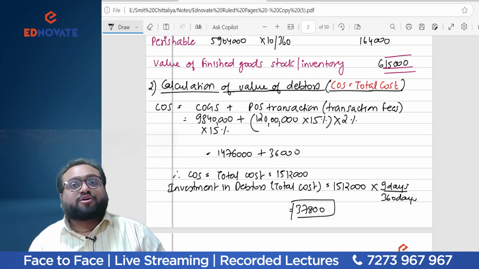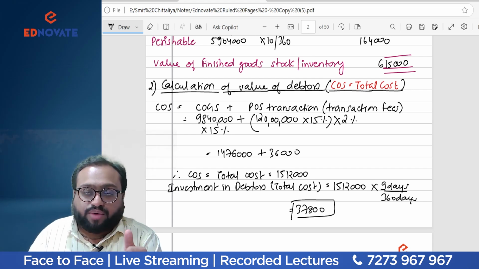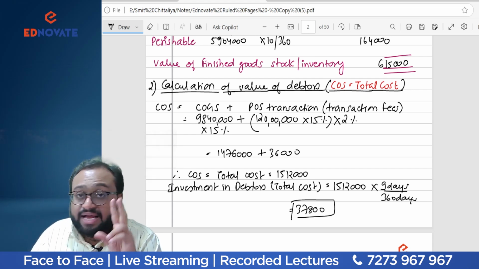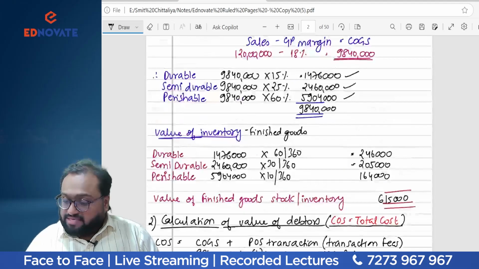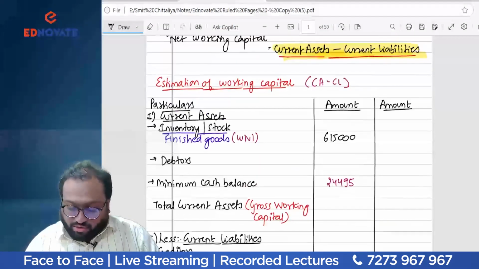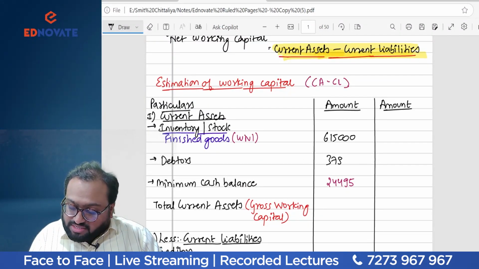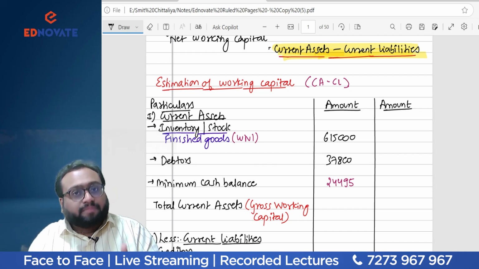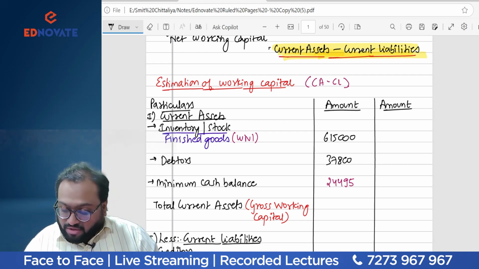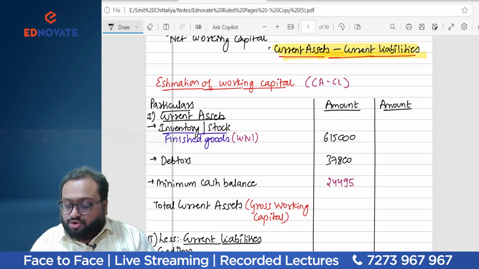So I got my second figure also. I got my first figure, that is the value of finished goods. Second, I got my value of debtors, that is 37,800. I'll write down in my working capital 37,800. I have the minimum cash balance of 24,495. Boss, I'm ready with my answer of working capital.